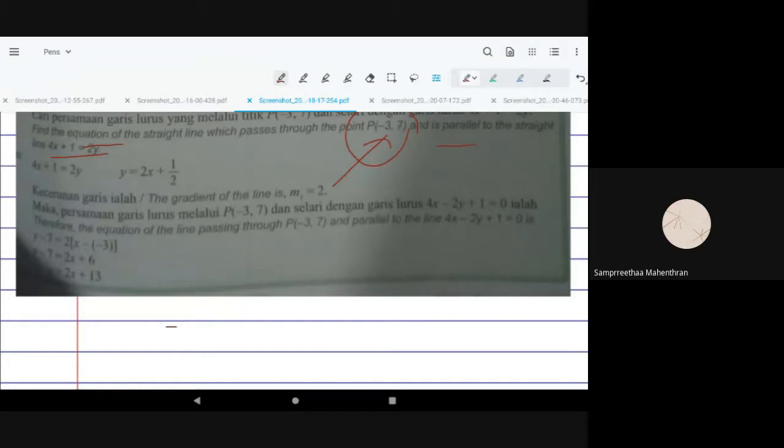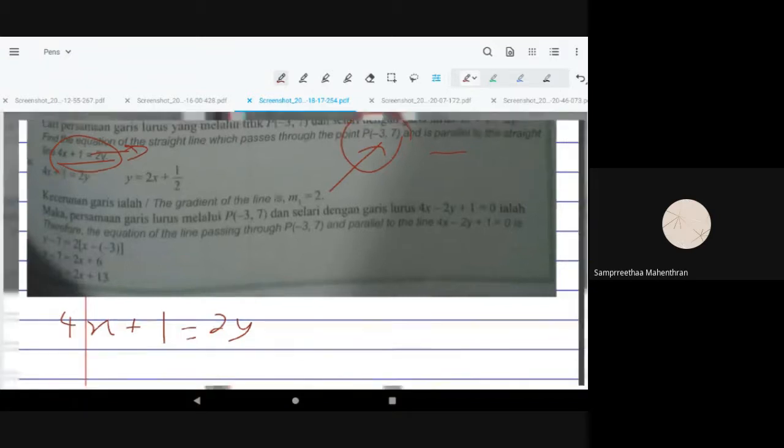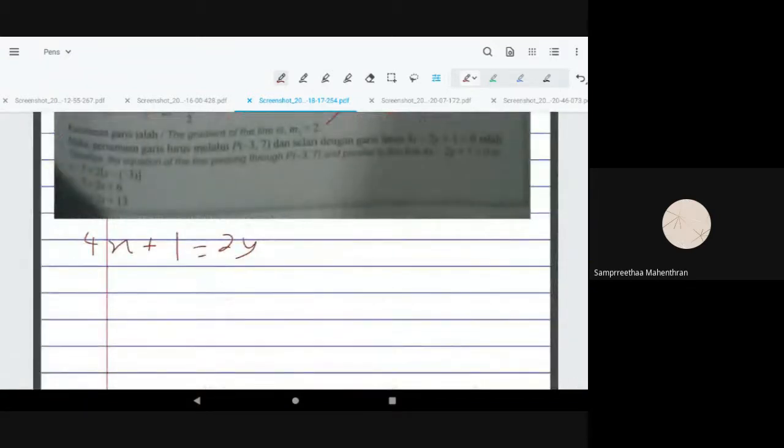So we know when the lines are parallel, the gradient will be the same. So we will find this gradient first to find out our new equation. So from 4x plus 1 equals 2y, we change into y = mx + c.